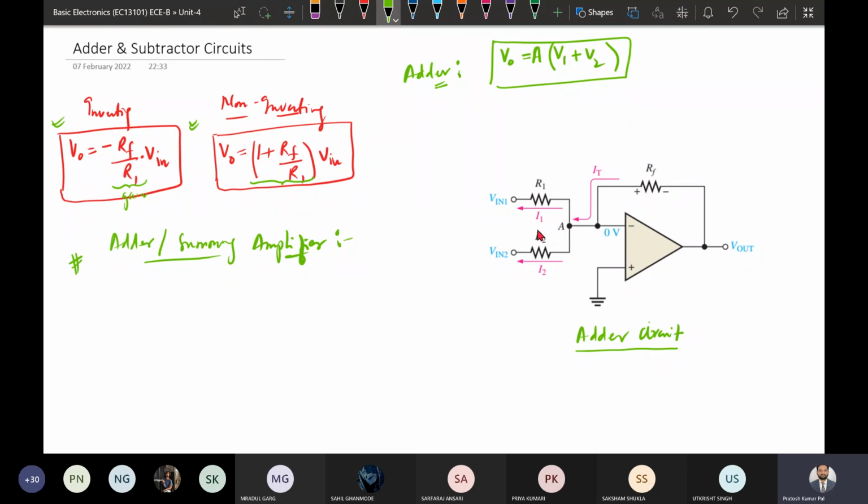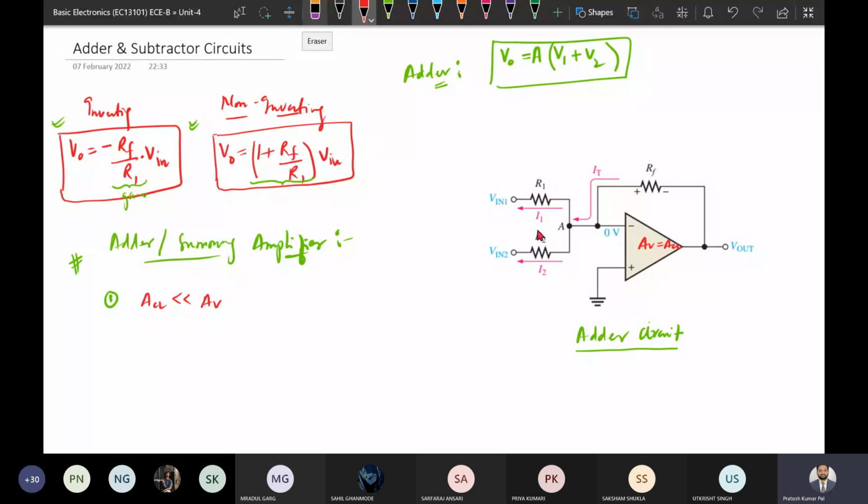In the previous analysis of inverting and non-inverting, the first assumption is that the closed loop gain, ACL, is very much less than AV, the open loop gain.